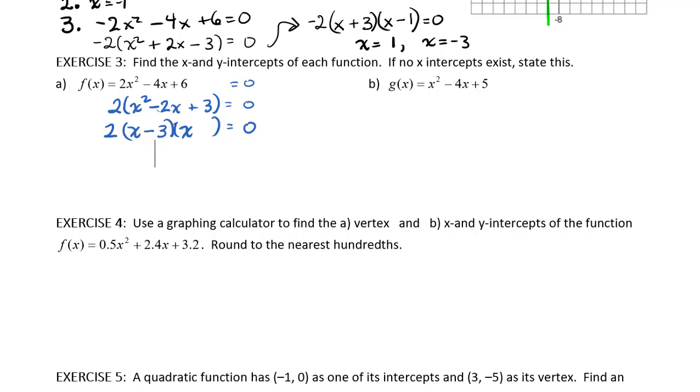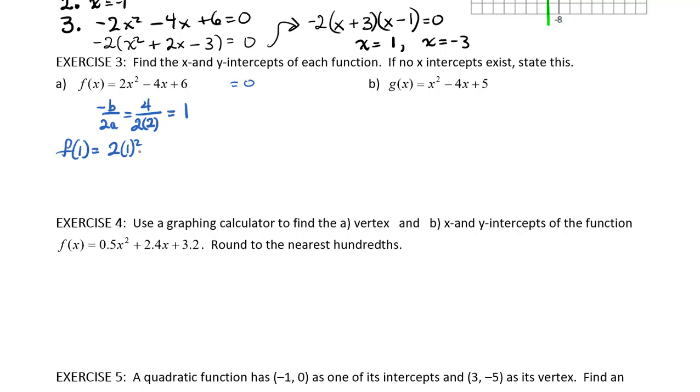Let's find out where our vertex is sitting. Our vertex is at negative b over 2a, which will be at 4 over 2 times 2. This is equal to 1. If our vertex has an x value at 1, let's see what f of 1 will equal. This will be 2 times 1 squared minus 4 times 1 plus 6, or 2 minus 4 plus 6.